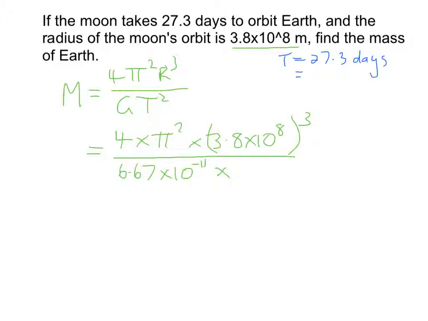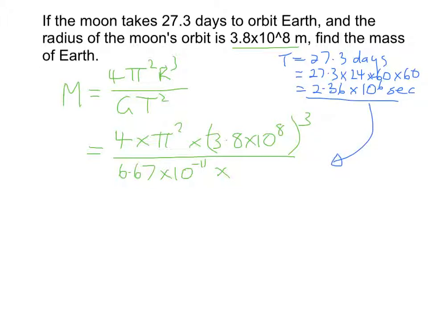So that will equal 27.3 times 24 for hours, times 60 for minutes, times 60 for seconds, which is equal to 2.36 by 10 to the power of 6 seconds. And that will then need to go into this equation down here.